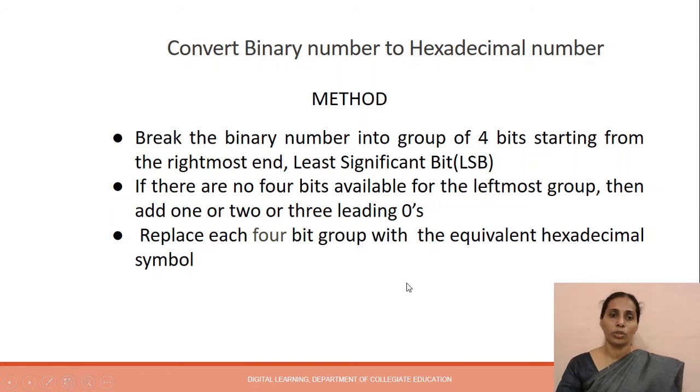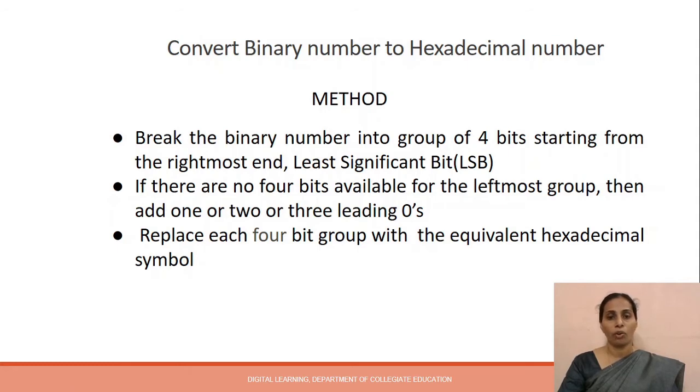Now let's move on to the conversion of binary number to hexadecimal number. Here we are forming groups of 4 bits starting from the rightmost end. Then for each 4-bit group, we are writing the equivalent hexadecimal symbol.